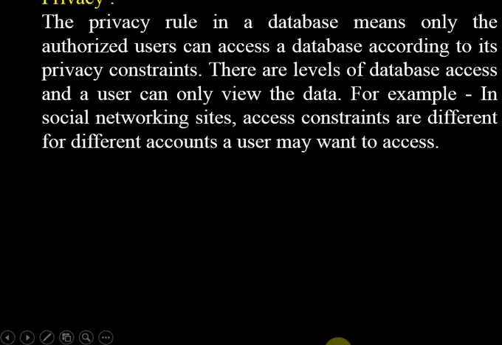For example, you are going to use social networking sites like Facebook, Twitter, Instagram. They give you an account, but the accounts of a particular user are different, not the same account. Similarly, you can create different accounts on Gmail and so on. There also we can create many accounts with different names, not the same name. So here privacy will be maintained.